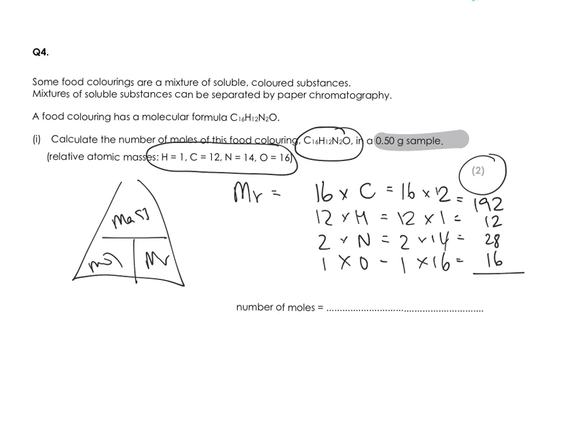So add those up and we've got 248. So the moles will be 0.5, which is the mass, divided by 248, which is our MR, and that gives us 0.002.